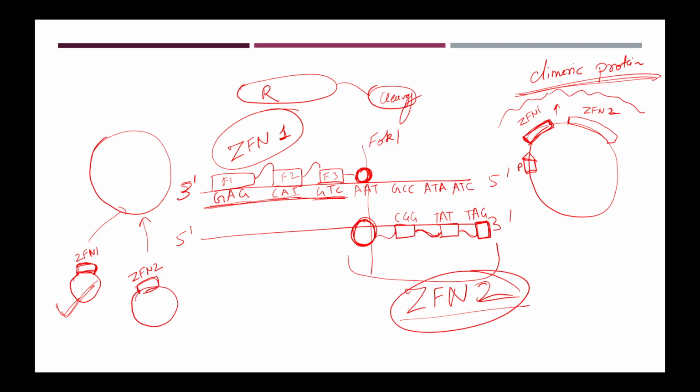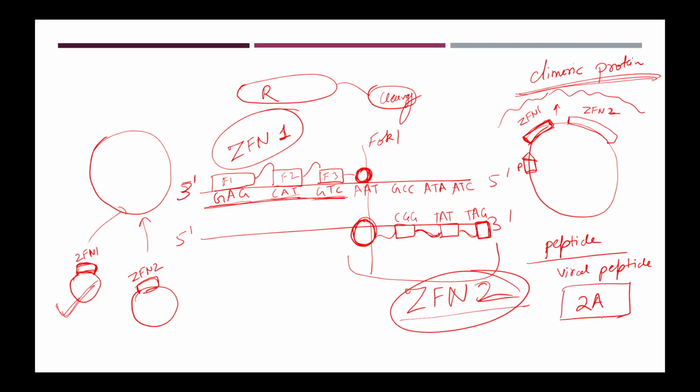desired DNA sequence. So in order to make co-translation of two different proteins at the same time from the same promoter, there is a peptide, a viral peptide, 2A.